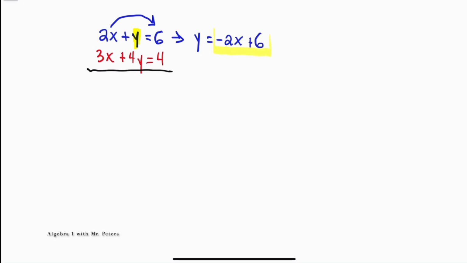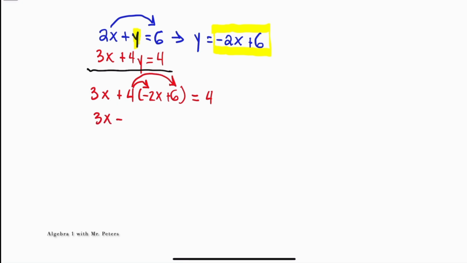So this expression that you see me highlighting, this is what we're going to substitute. And we're going to substitute it into the second equation. So the second equation is 3x plus 4y, but y is replaced with negative 2x plus 6, and this is equal to 4. So we're not going to add 3x and 4, we're going to distribute, then combine any like terms.